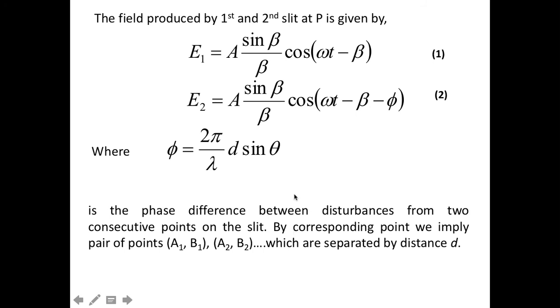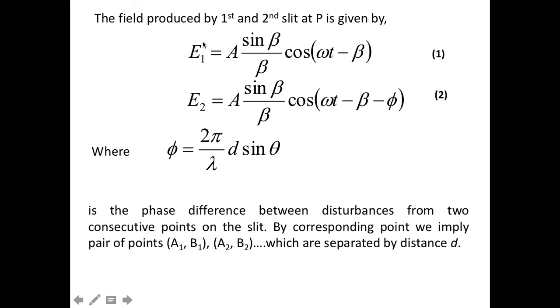The field produced by the first slit and second slit is, the single slit resultant amplitude, right? There we have found A is equal to A0 sine alpha upon alpha. Here I just changed the notation. Instead of alpha I have written beta.